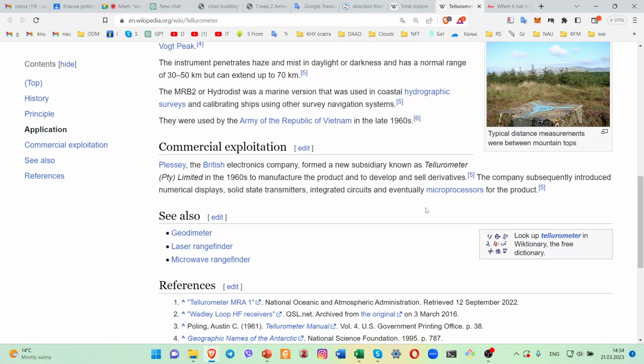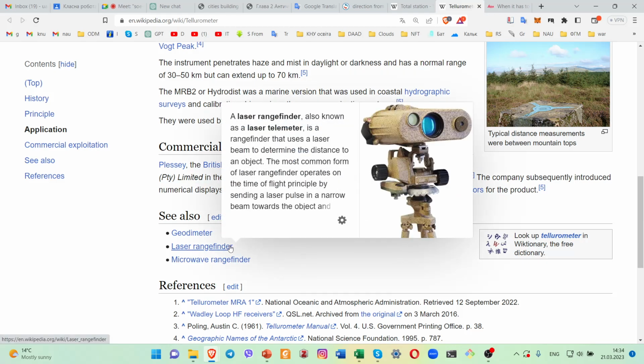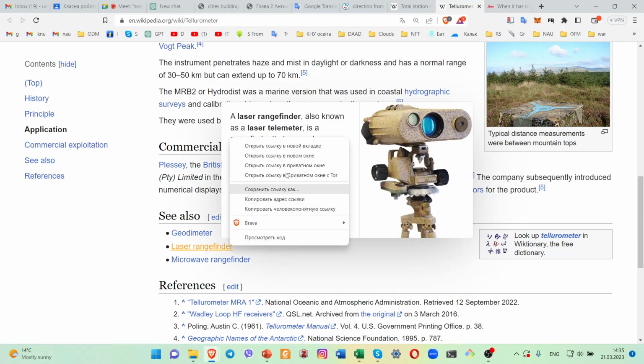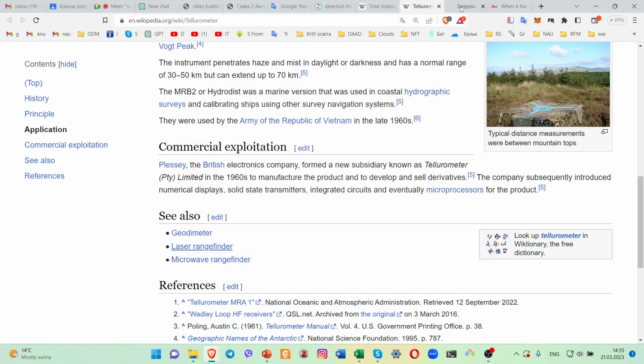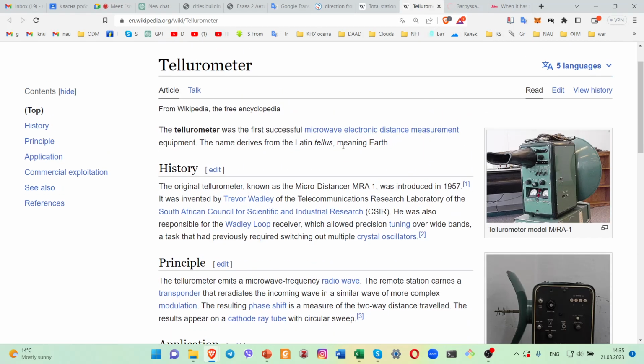Well, nowadays radio equipment is also used in geodesy.